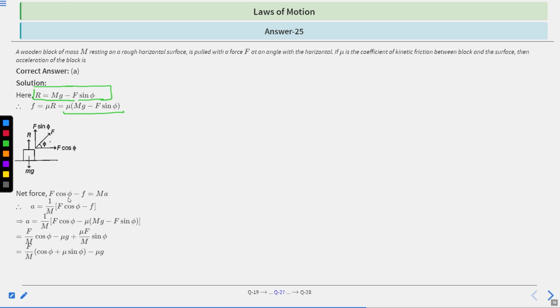Net force: F cos phi minus f equals ma. Solving all the terms, the acceleration is F upon m times cos phi plus mu sin phi, minus mu g. This is the only technique to solve this question. So the correct answer is A.